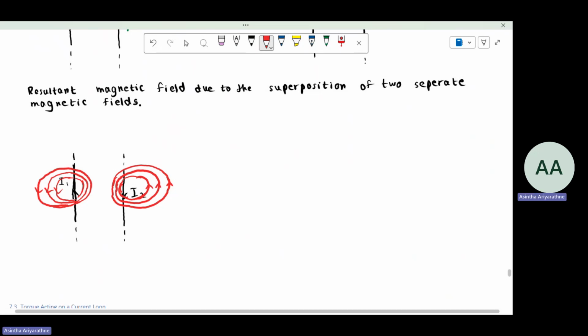Right. So you can see now this middle region has a lack of magnetic field, or a lesser amount of magnetic field than the two other regions.